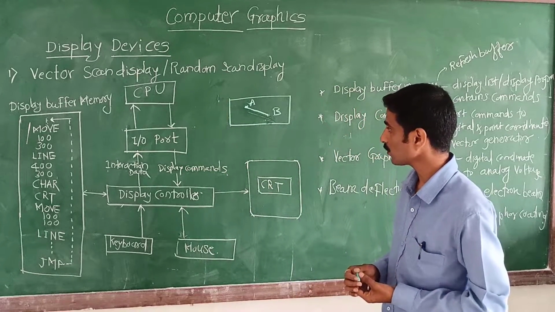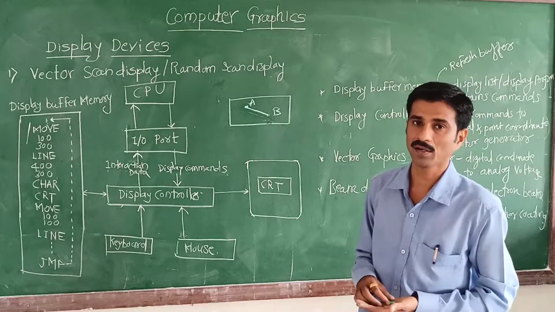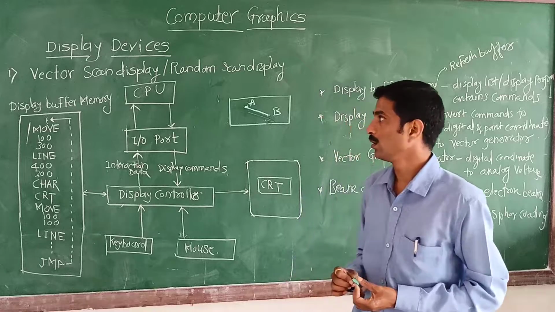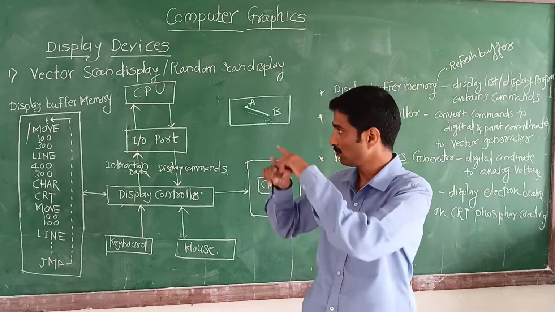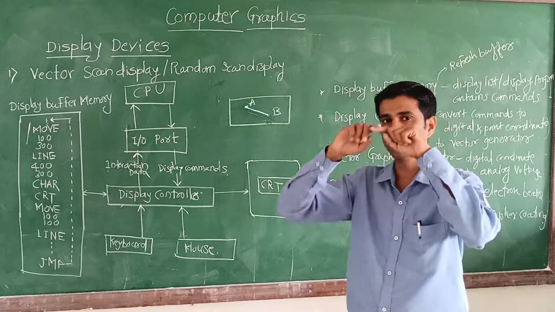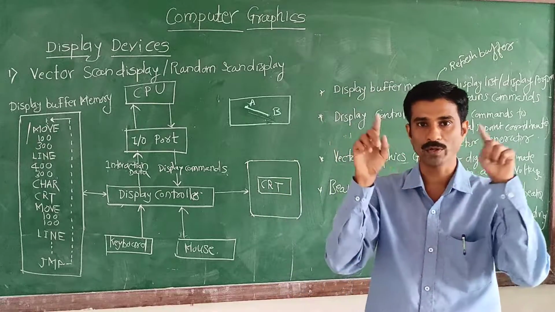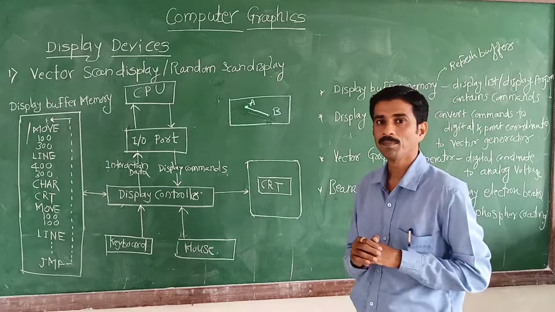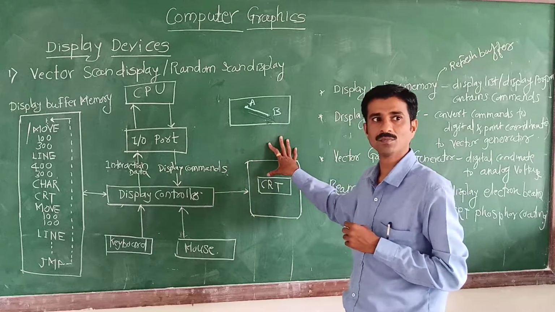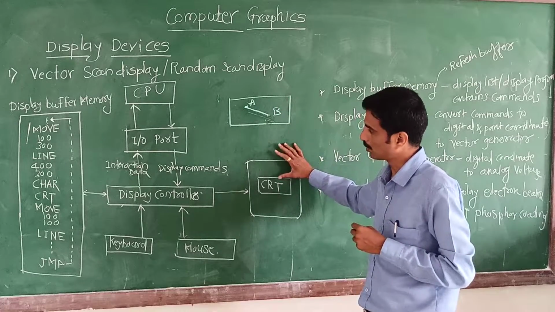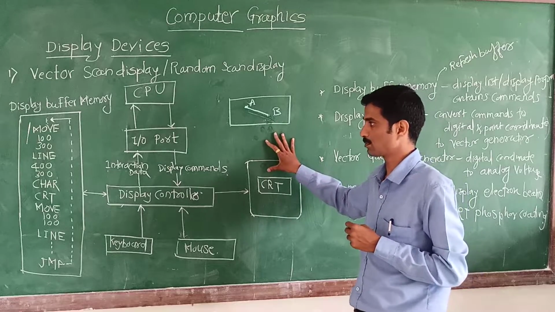Then we will see the architecture of this vector scan display. This vector scan display contains different electrical or electronic parts. Here in this diagram you can see the architecture of vector scan display.